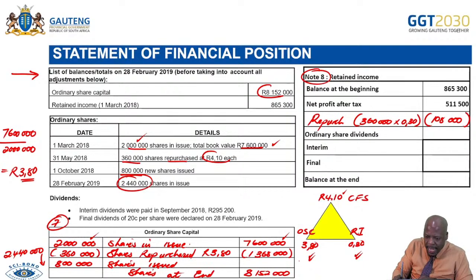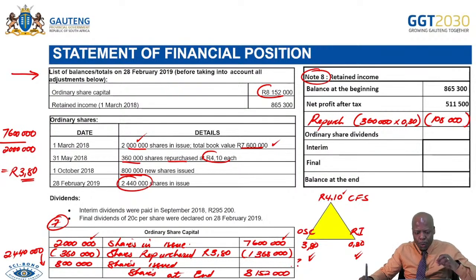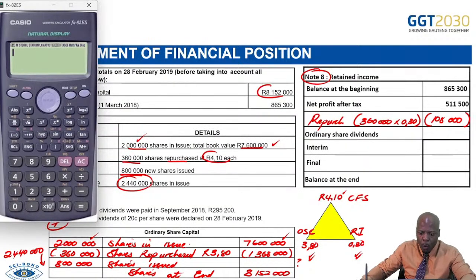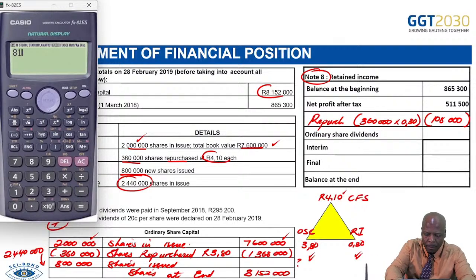Now we want to get that amount there. How do we get that amount? Very simple. We do the bottom up approach. Let's see if we can do it together to get that amount. We will now say the amount at the bottom, which is your 8,152,000.